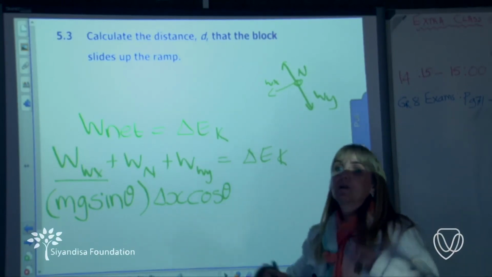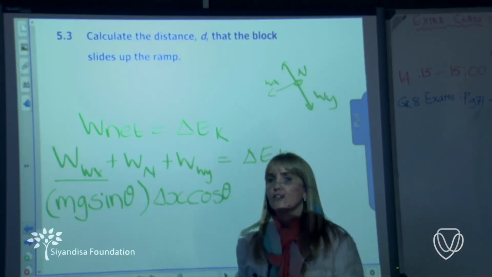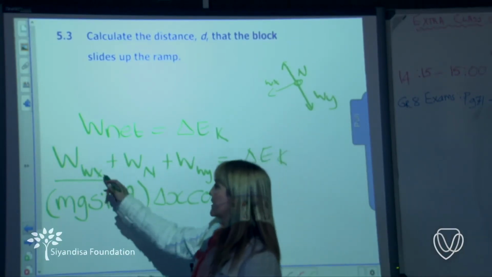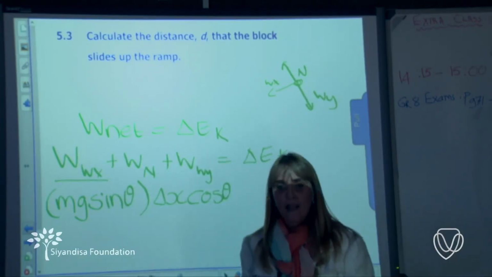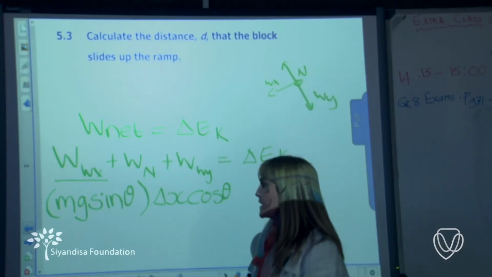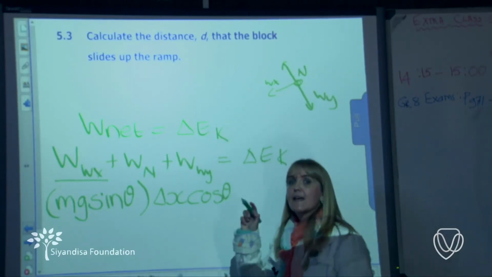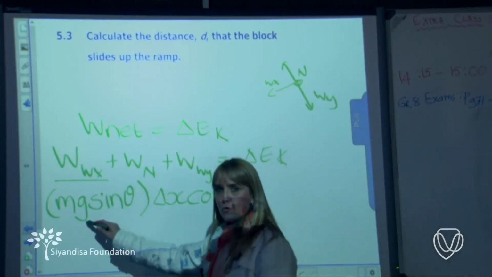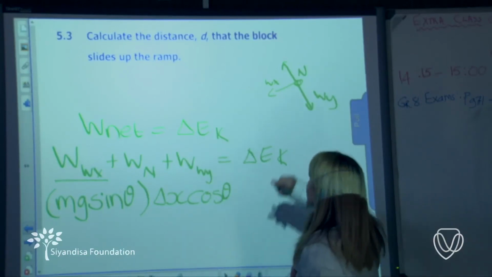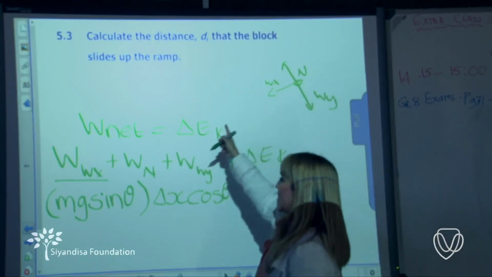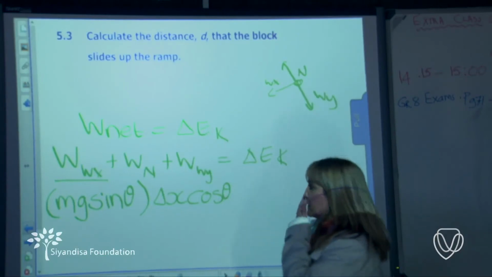Your equations become long, and you've got two thetas. But please remember that they are not the same thetas. When you're calculating Wx, that theta is the angle of the incline, and it's the only time in this calculation that you will use that angle. This theta here is the angle between the force and the displacement. The displacement is up the slope, Wx is down the slope, which means that this theta is going to be 180 degrees.